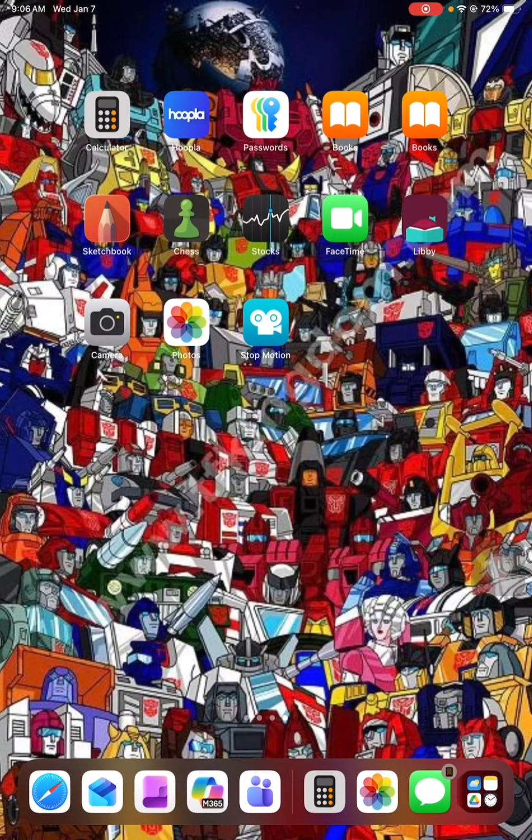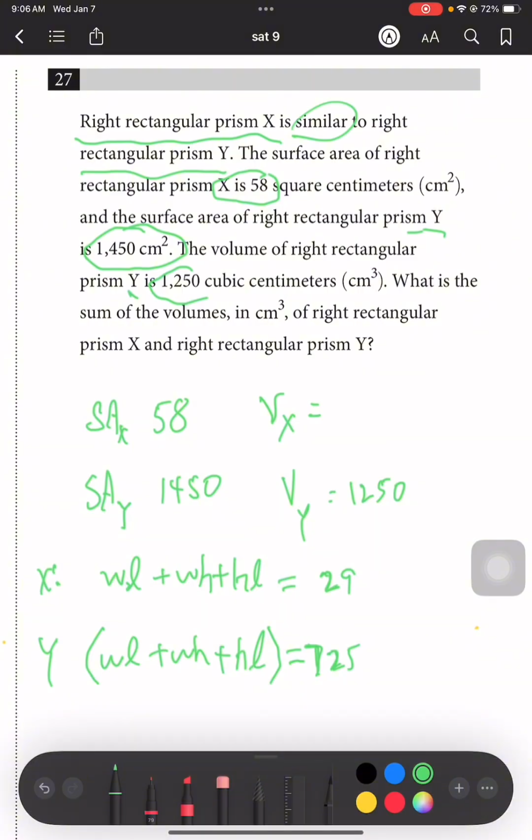This is my son's iPad. Here it is. So 25. So 25 is the factor. So they're similar prisms. It's just that the other one is blown up by 25 times. A scale of 25.